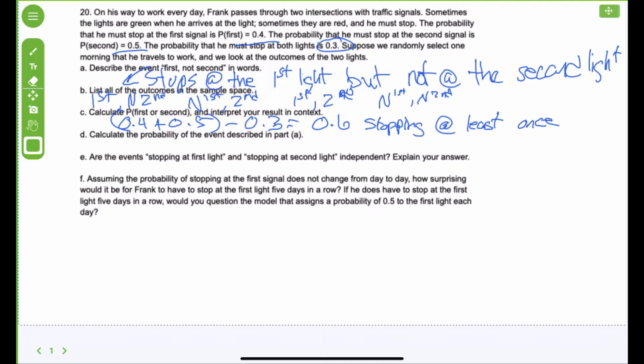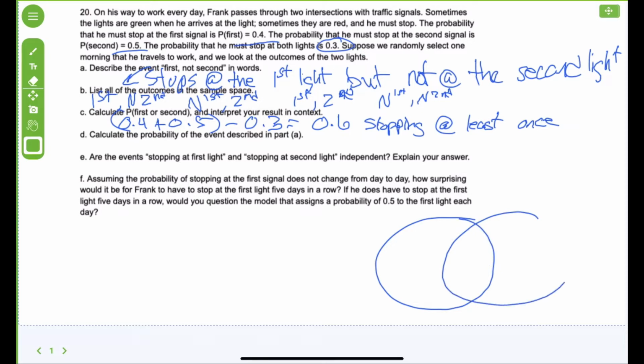I think that'd be the easiest thing for me to do. I guess you could do a table, maybe not a 1,000, but maybe a 100 table. But I'm just going to do a Venn diagram.